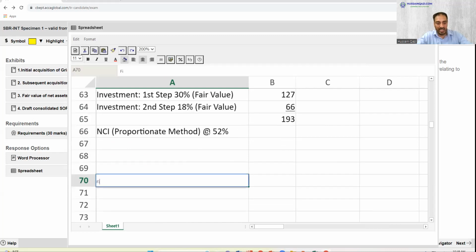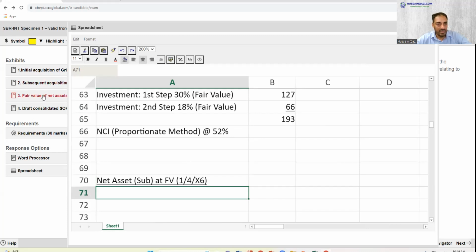So here we need to calculate the fair value of net assets of the subsidiary at fair value at 1st April XX.